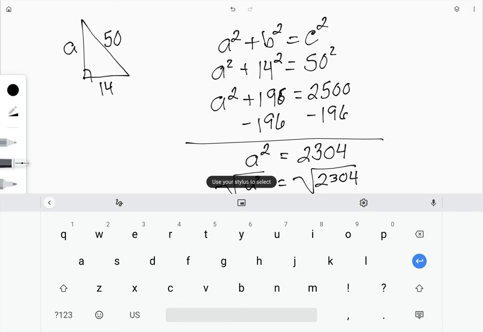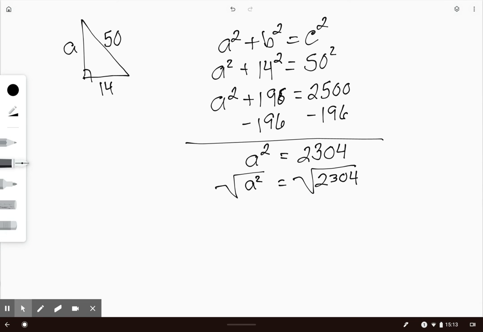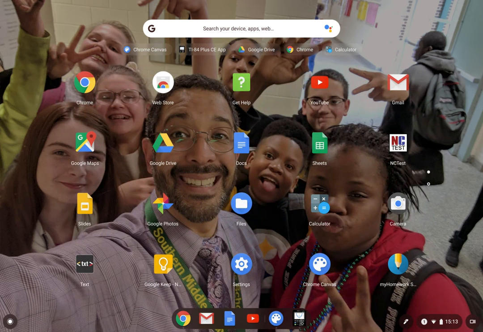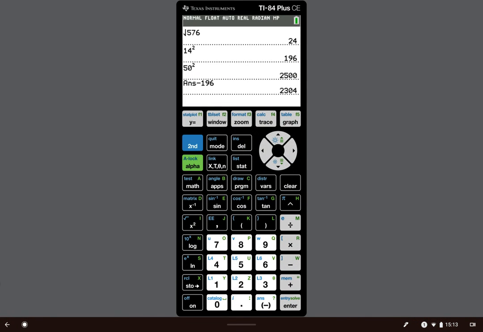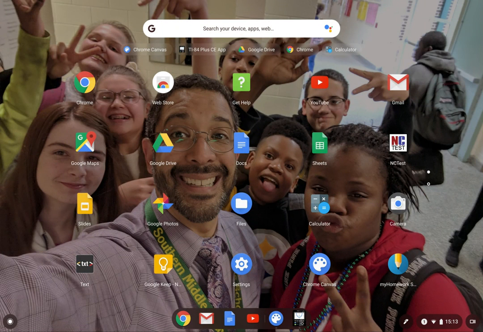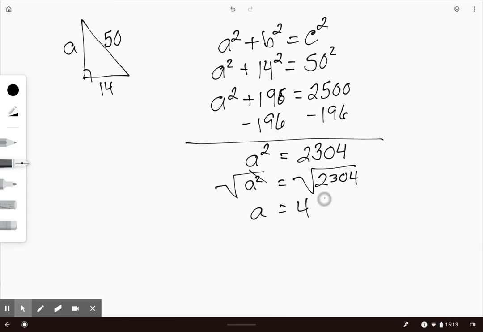Those cancel out. And that gives me an answer of 48. So A equals 48. And again, you'll notice that your hypotenuse C is your longest side of 50.